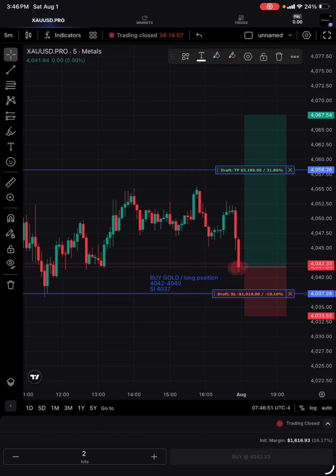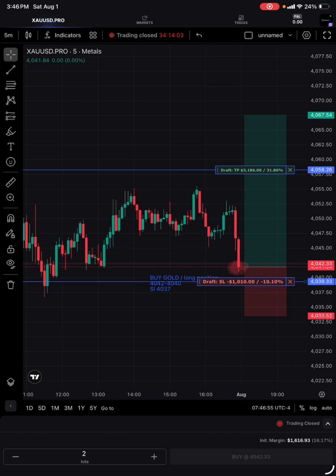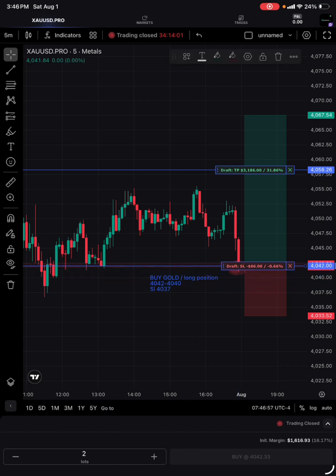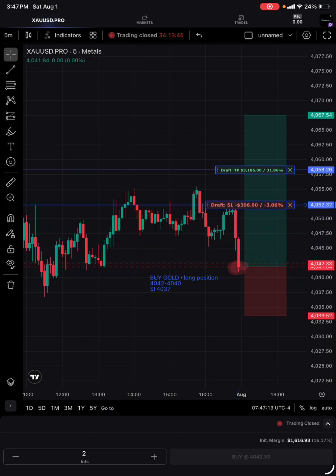So now I go from negative 1600 in risk to negative 1000. Then at about 30 pips, I'm at break even or just below my entry, risking like 300, because the market's already moving with the potential to make 3,000.